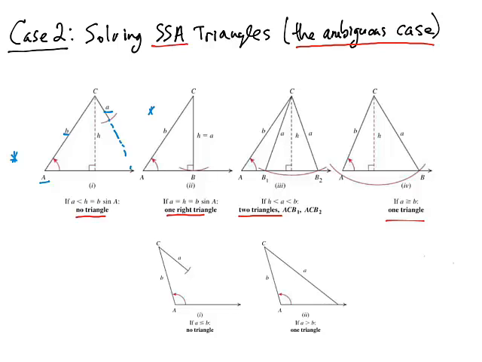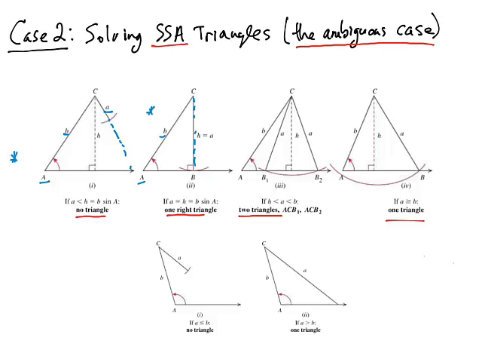In this second triangle, we're given this angle and this side, and then what we see is this side actually forms a right triangle. Because that forms a right triangle, we can use the law of sines to solve that triangle. However, if we realize that it's a right triangle, we could simply use SOH CAH TOA there.